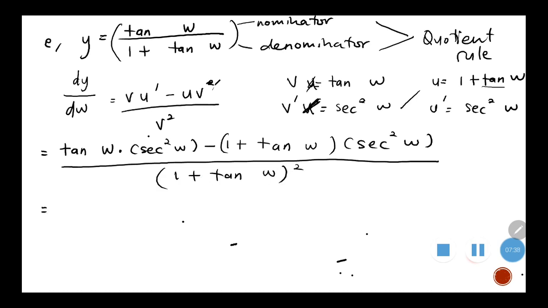And now we pull from this part here, what can we put together? Okay, we can put this part here, right? Secant square w.